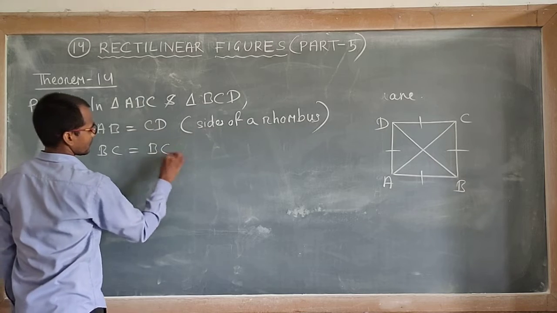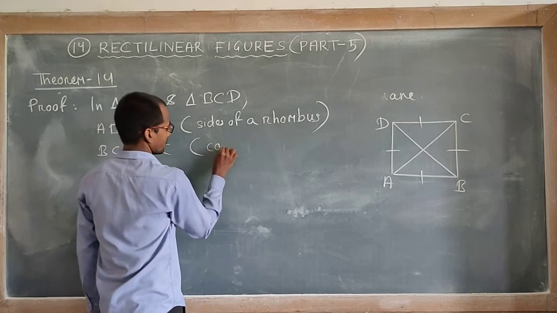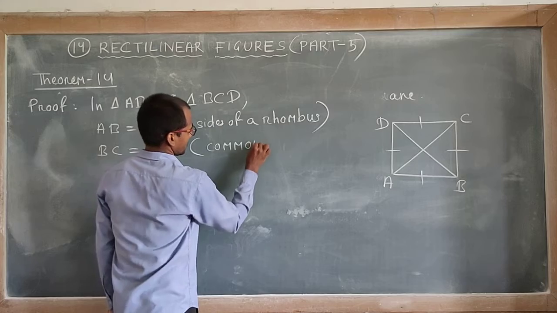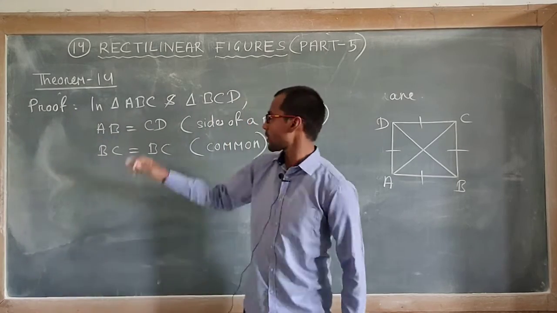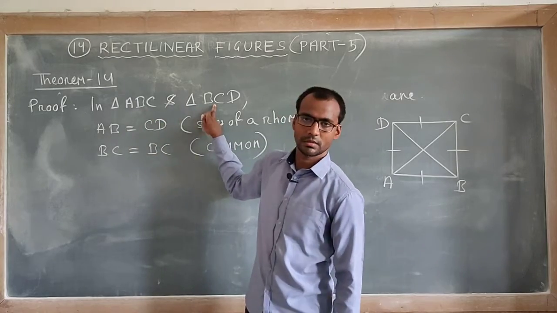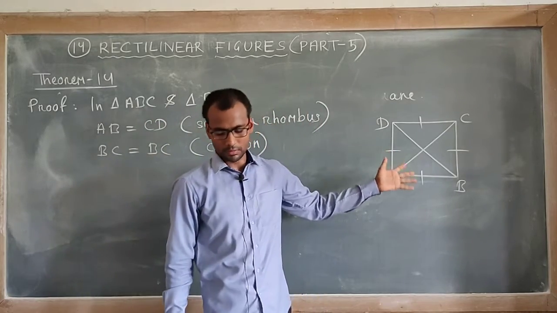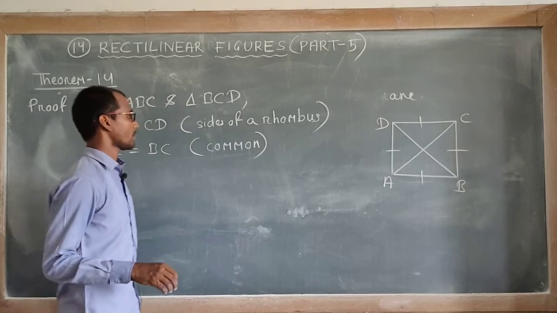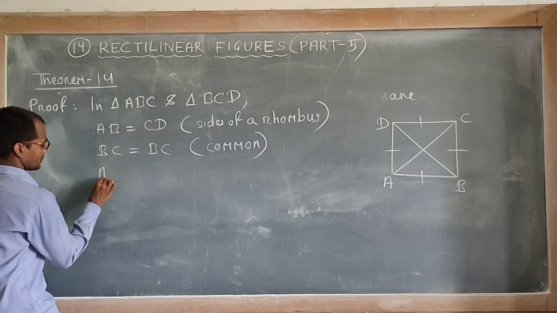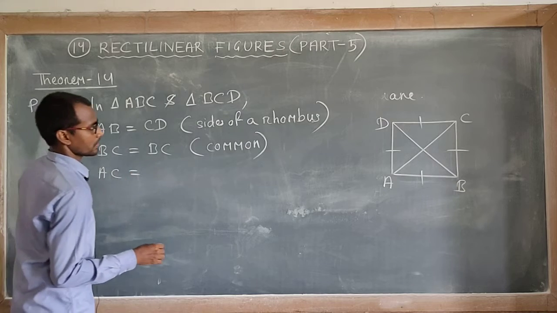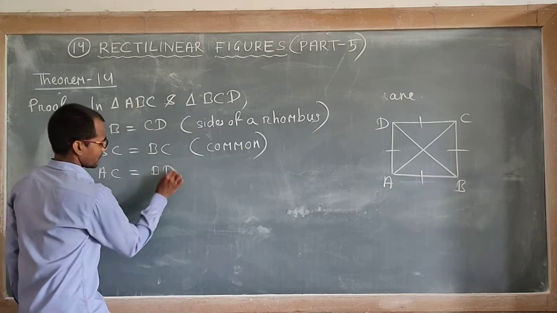Next, BC is equal to BC, which is common. You can see the diagram. BC is common in both the triangles. Next, AC is equal to BD.